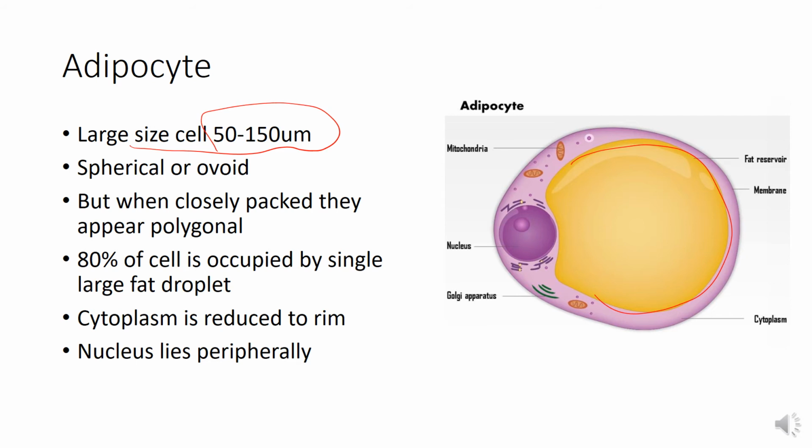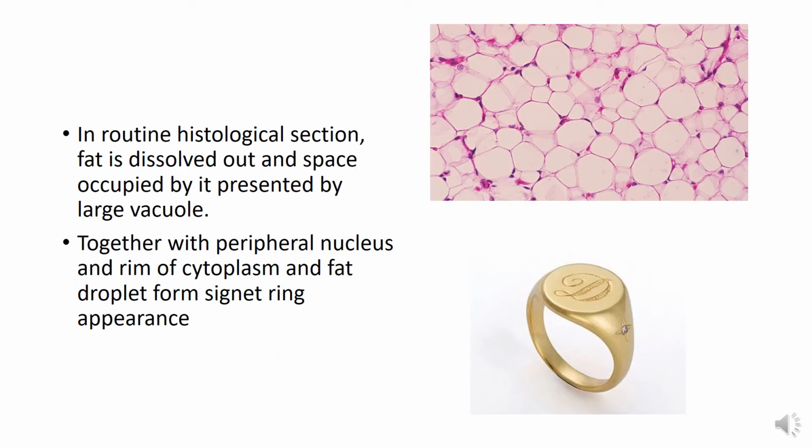Cytoplasm is reduced to a rim, which is present peripherally, and the nucleus also lies in the periphery. Now in a routine histological section, that is the H&E section, fat is dissolved out and the space occupied by it is presented as a large vacuole.